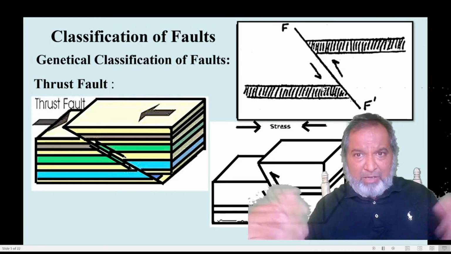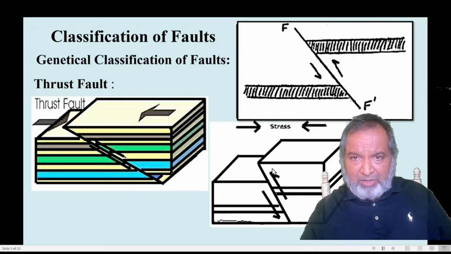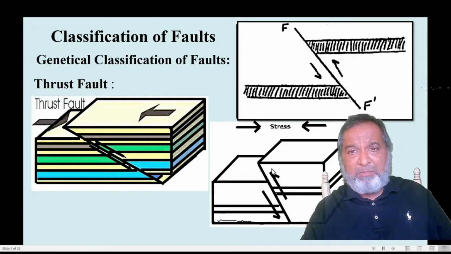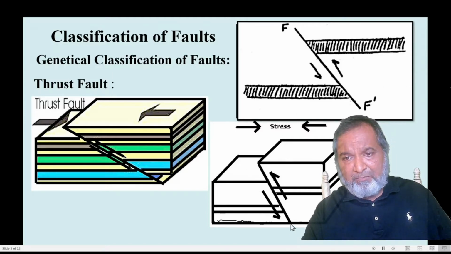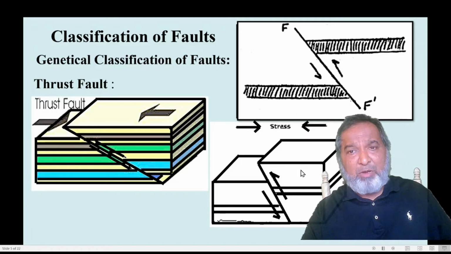Now here we have the 3D block diagram. This is the fault plane, and above this plane we have the hanging wall, and this hanging wall is going up and this footwall is going down.